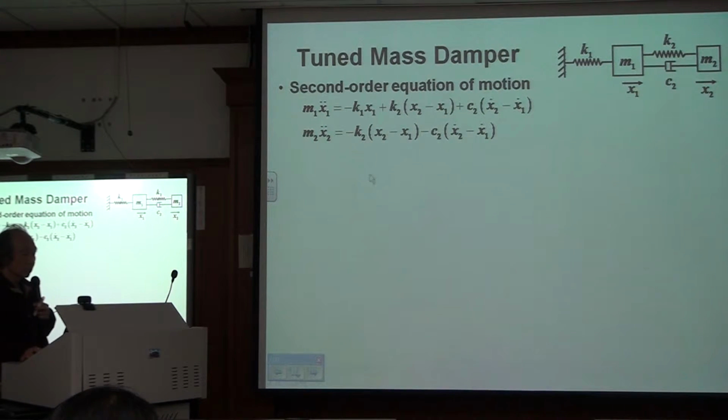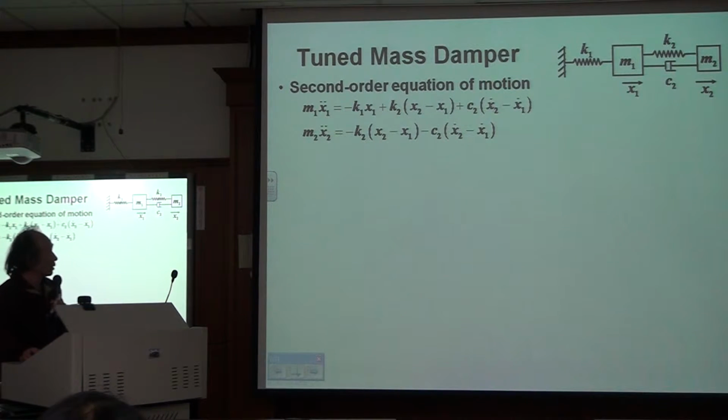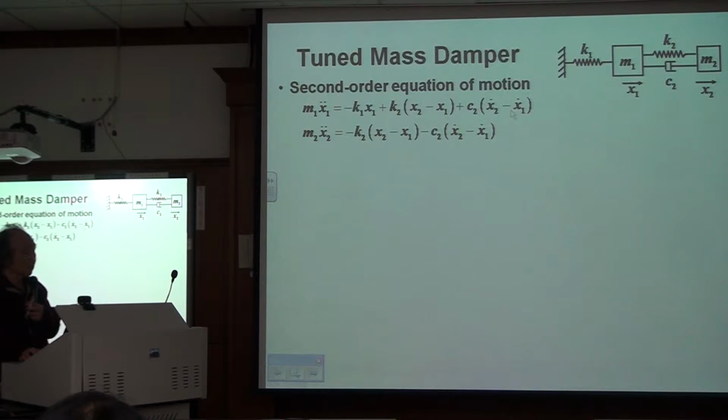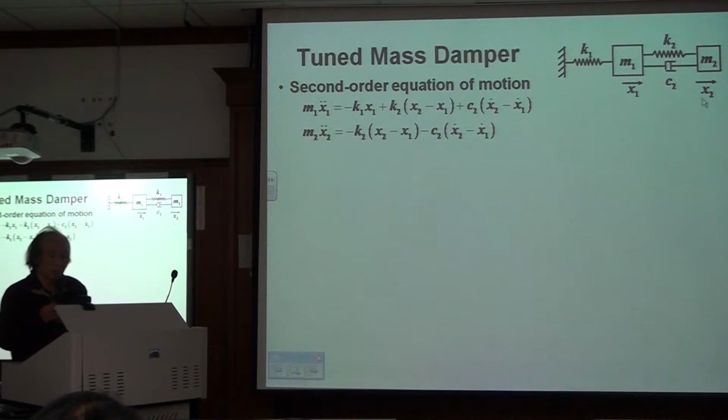The first equation is M1 X1 double dot equals minus K1 X1 plus K2 times (X2 minus X1) plus C2 times (X2 dot minus X1 dot). You can see that X1 is the displacement of M1, and X2 is the displacement of M2.